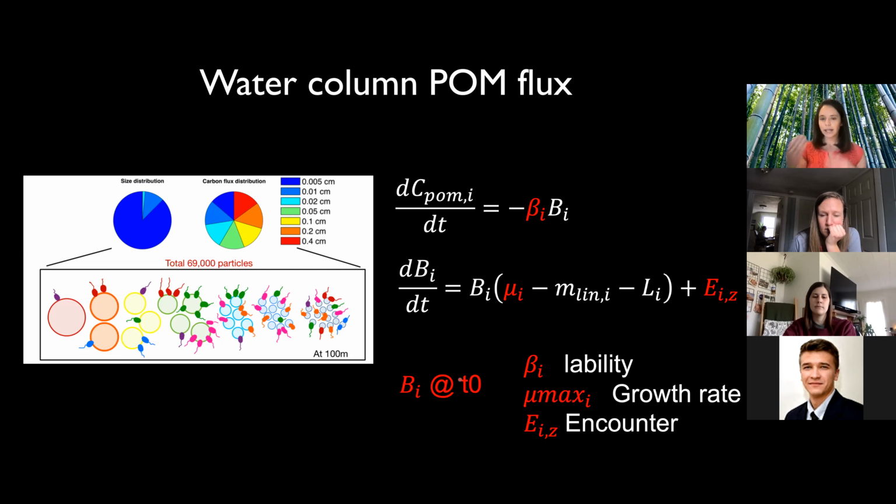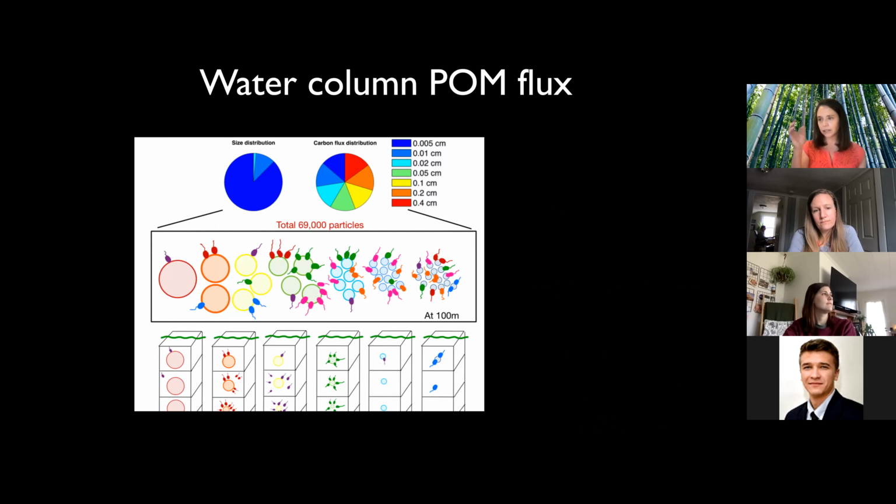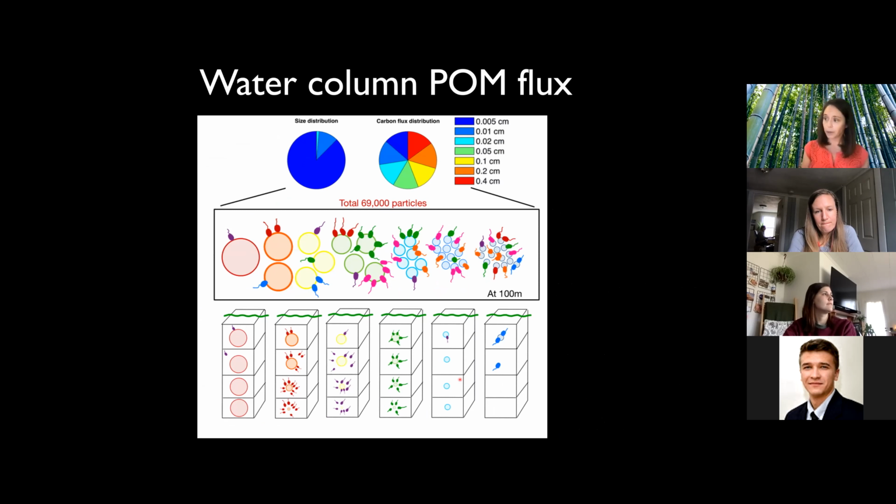So we're doing these, again, stochastic simulations. So think about the encounter and the probability of getting these different interactions between types of organic matter and types of degraders. And then we let each of these 69,000 particles fall through the water column and calculate the rate of consumption, and then sum it to get a POM vertical flux.